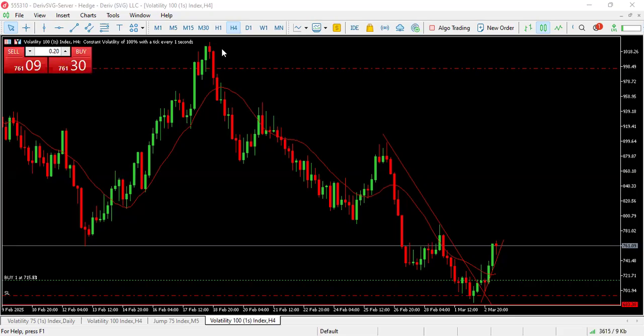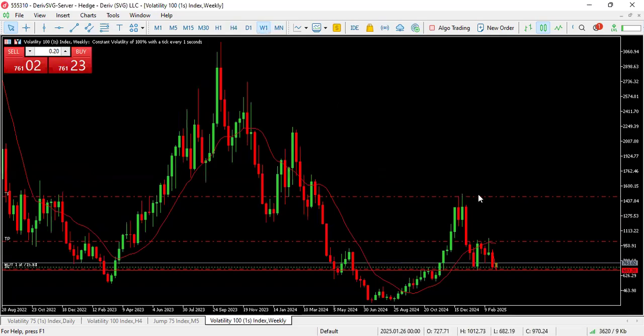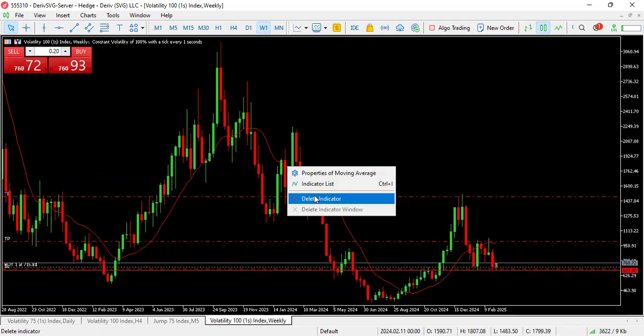First of all, the very first thing you want to do when you are entering the market is go to your weekly time frame. Let me remove this indicator.